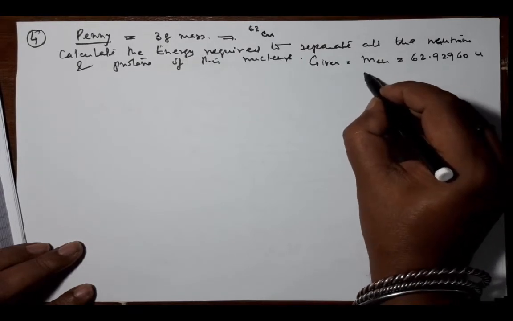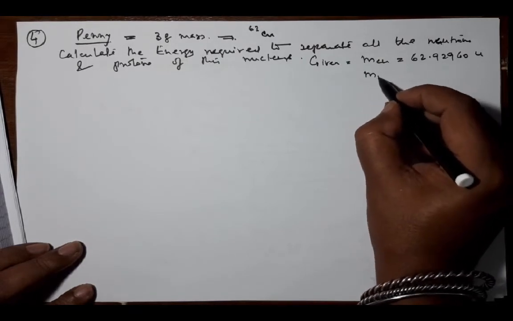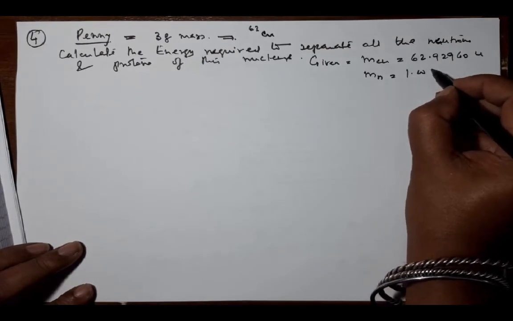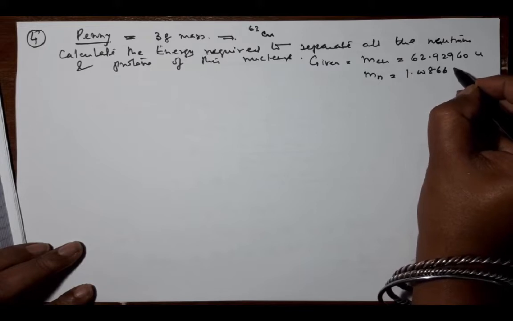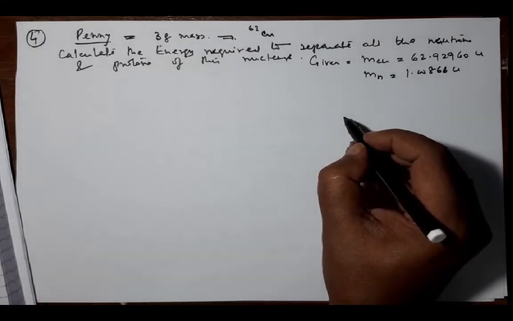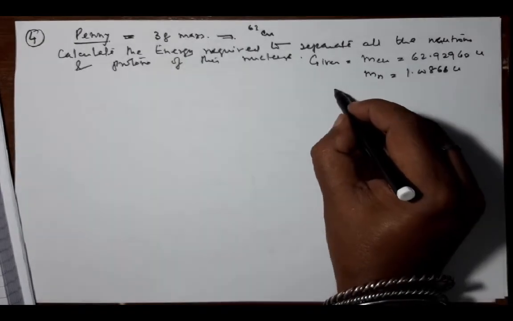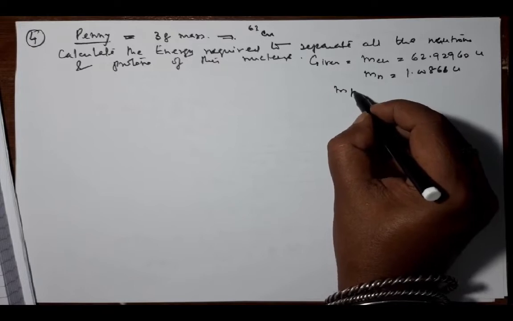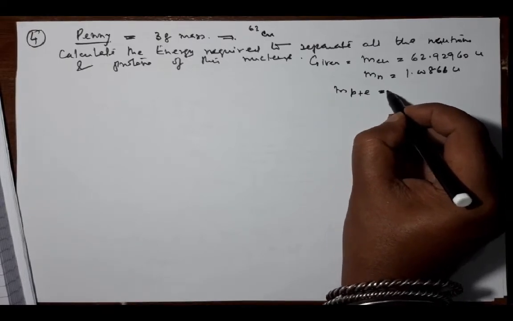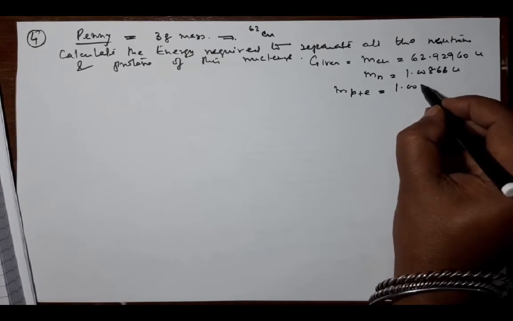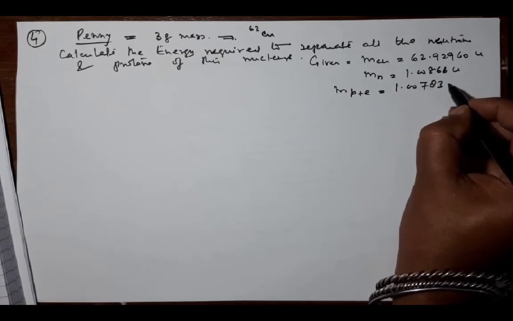Then mass of neutron is nothing but 1.00866 U, and mass of proton plus electron is nothing but 1.00783 U.